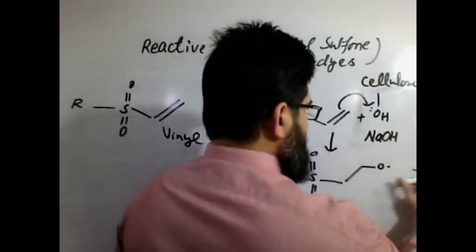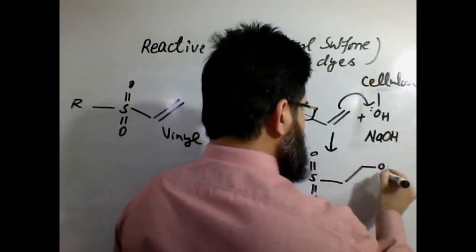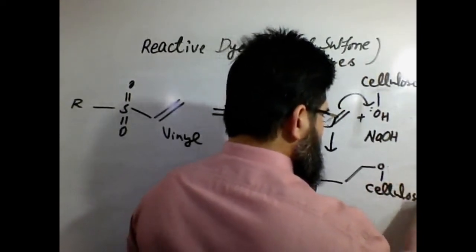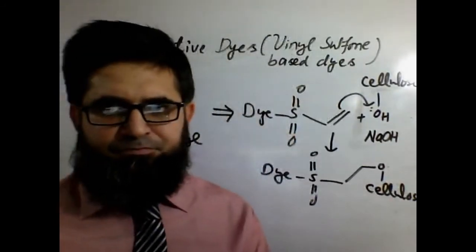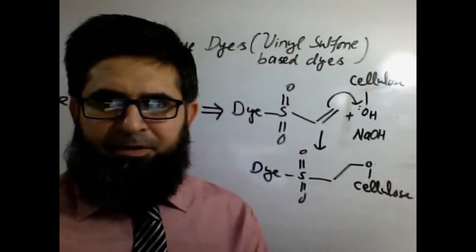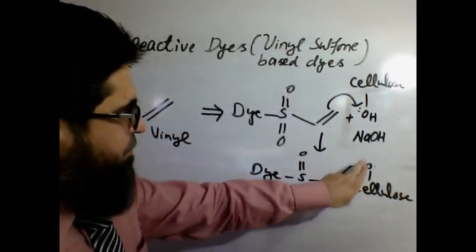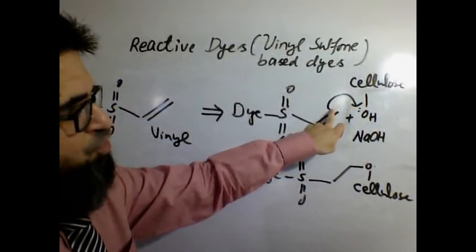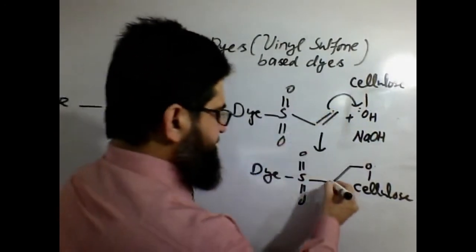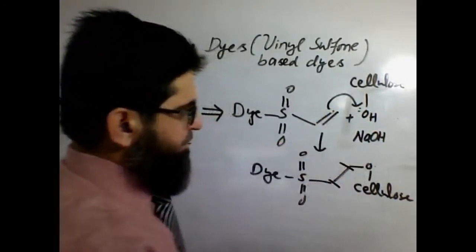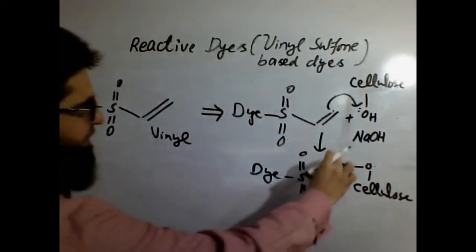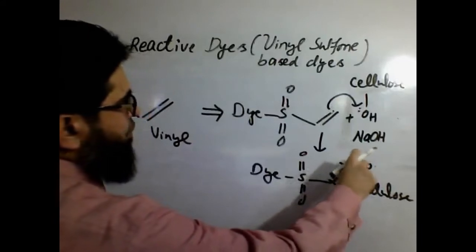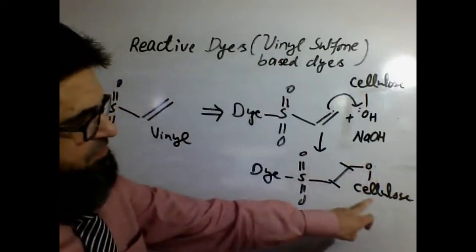I should write this way so people can see it easily. Cellulose. Yes. So the cellulose hydroxyl group has reacted at this CH2 position, and then you have this carbon. So the vinyl sulfone based dye has reacted through a covalent bond with the cellulose.